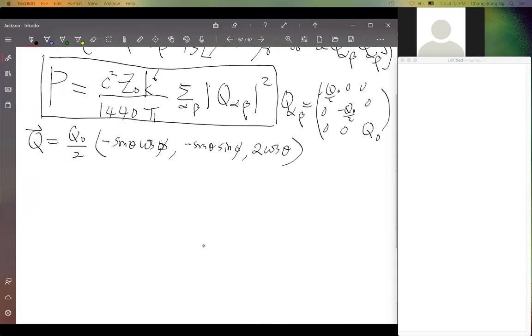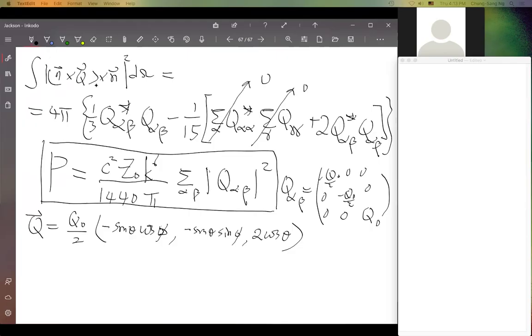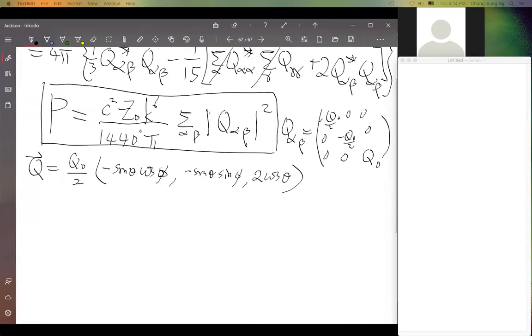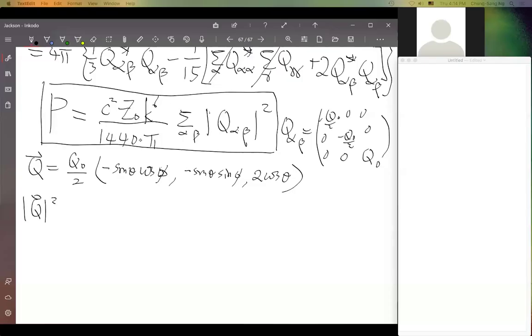Okay. And now remember this vector is equal to Q square minus n dot Q square. Okay. And Q square for this one, assuming Q0 is real, then the total expression is: you have Q0 over 2 square, and then the square of this plus the square of this plus the square of that.